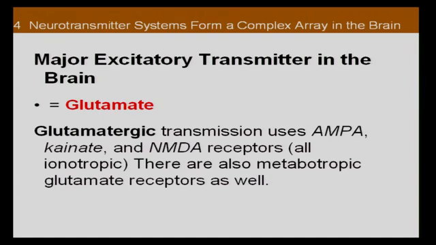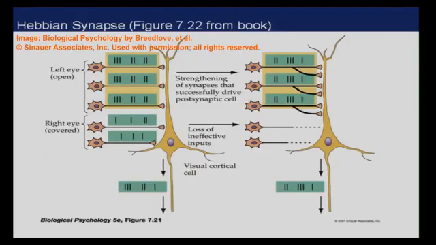There's actually three: AMPA, kainate, and NMDA. We're going to talk about two major kinds of receptors: the AMPA receptors and the NMDA receptors. Those are the two main glutamatergic receptors I want you to be familiar with, and it'll be clear from the next few slides. Okay.